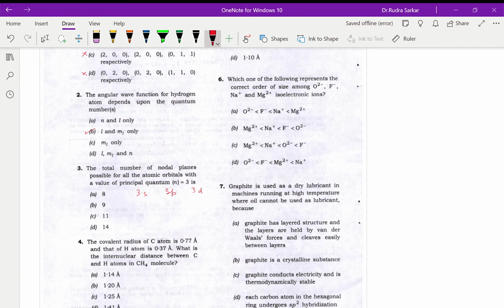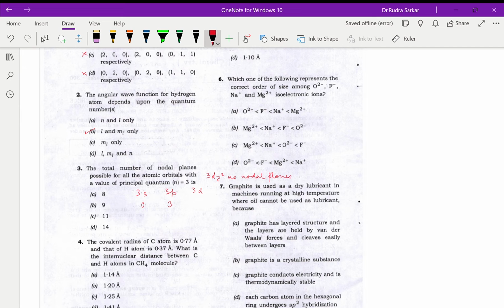Okay. S orbital, nodal planes are 0. For each p orbital, that is px, py and pz, there will be one nodal plane for each, so there are 3.